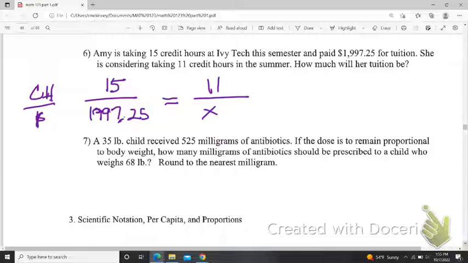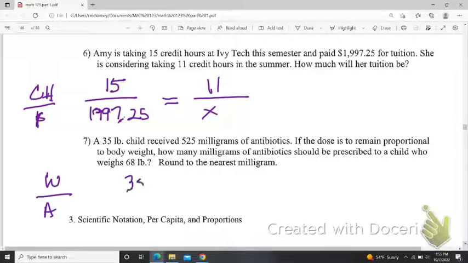And then we have medication. So if any of you are thinking about pharmacy tech, that is a certification you could do, and use lots of proportions to decide how much medicine someone needs or how many pills they need, all sorts of things. So this is basically the weight and the antibiotics, or you could put the pounds and the milligrams.